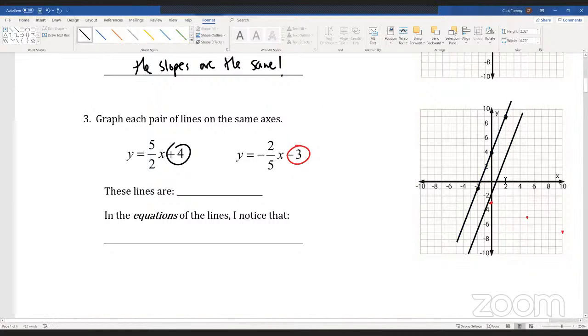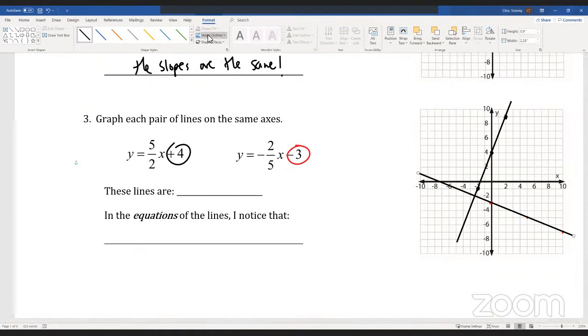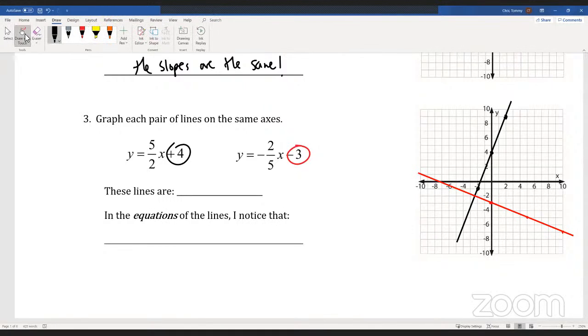And then let's copy that down, and then we'll draw it in red after. Something like that. And we're going to draw it in red. These lines are, what do you notice?